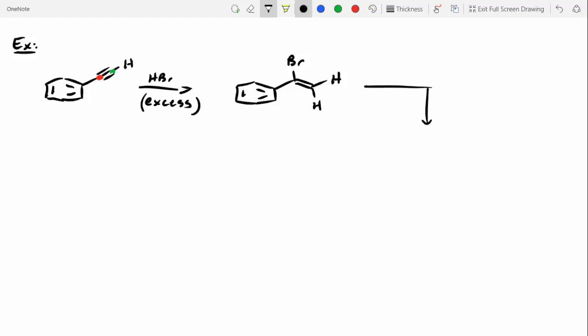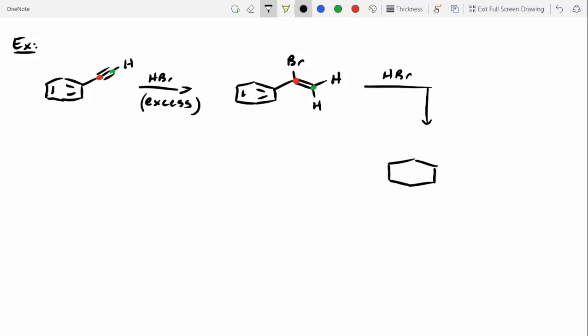No. Where will our next bromine add? Will it add to the red carbon or the green carbon? Green carbon. Oh, this goes back to last chapter's chemistry. Which is the Markovnikov side? The red side, right? So again, it's going to add to the more substituted carbon.